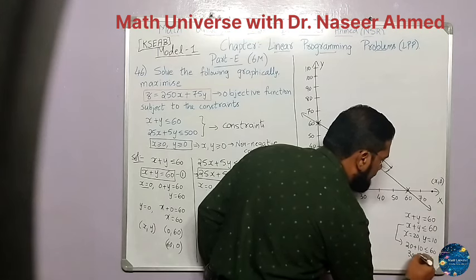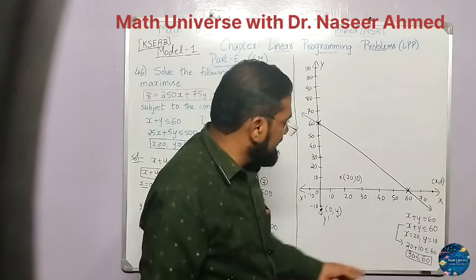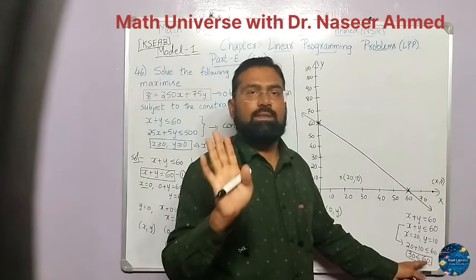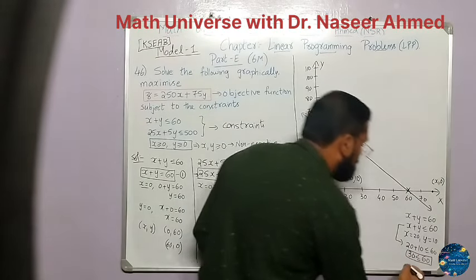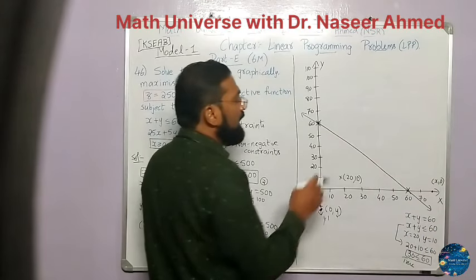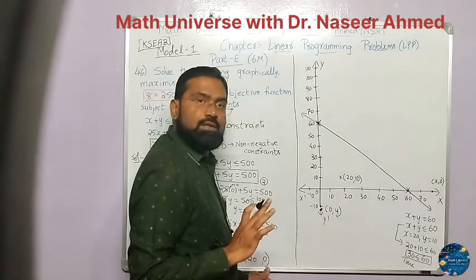Is this inequality true or false? Is 30 less than or equal to 60? There are two things here, less than or equal to. 30 is not equal to 60, obviously, but 30 is less than 60, so it is true. Since it is true, I have to shade the same side where the point is present.